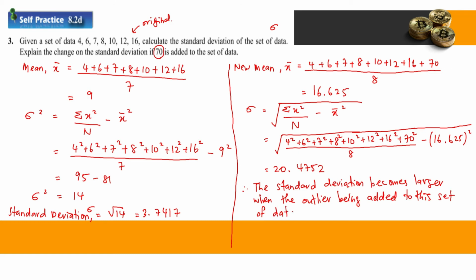So this is how to explain the standard deviation. Why? Because you can see 70 is much larger, so it is being added out here.